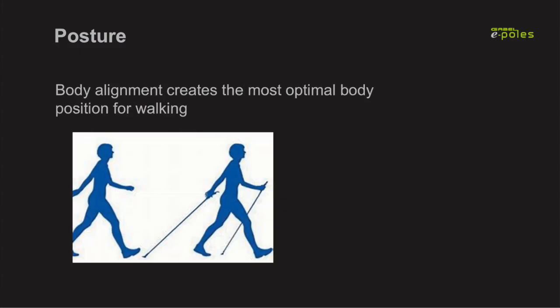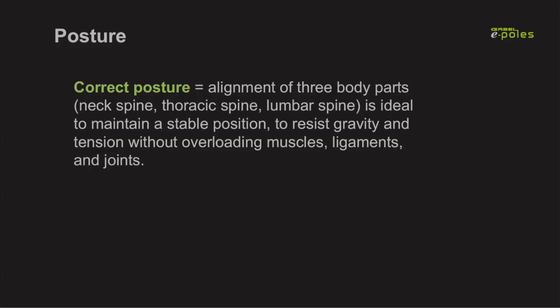The ideal posture should be in line with these three body parts: the head, the rib cage, and the pelvis. The ideal alignment creates the stable position to withstand the gravity without too much effort and tension, not to mention that it can withstand overloading of the articular and muscular system.